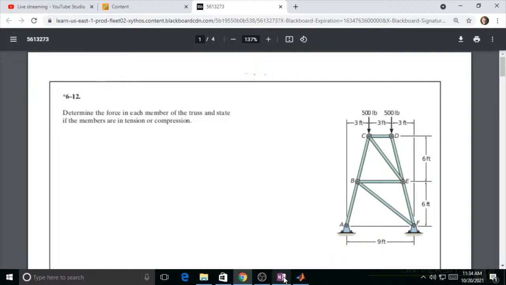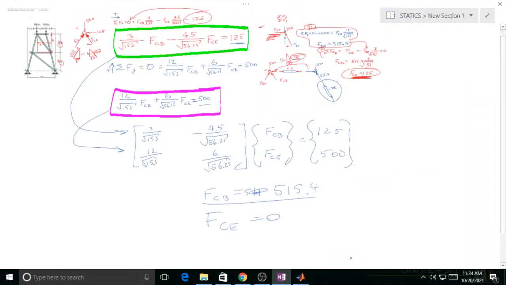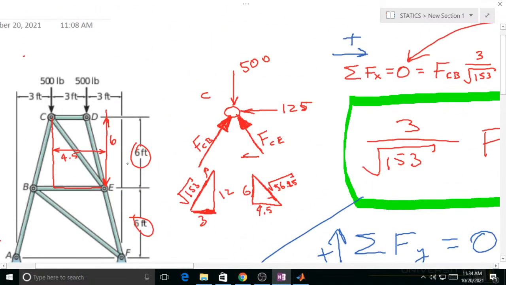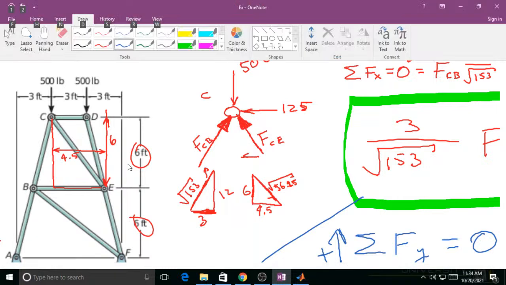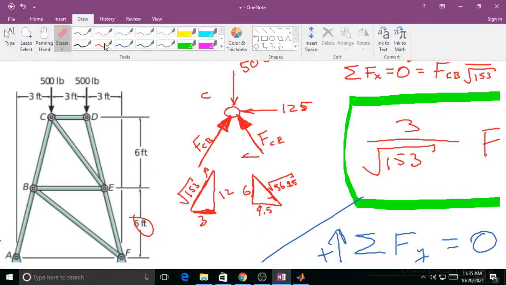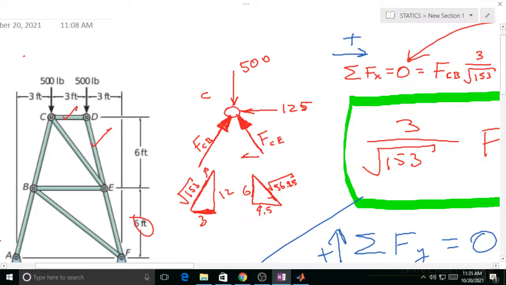Now that we got this thing, go back to the picture, and what you find out is we now know, give me an eraser. We now know, let's see what we do know. We know this one, this one, this one, and that one. So I could go to here because the only one I don't know is this. So I can solve this one now.